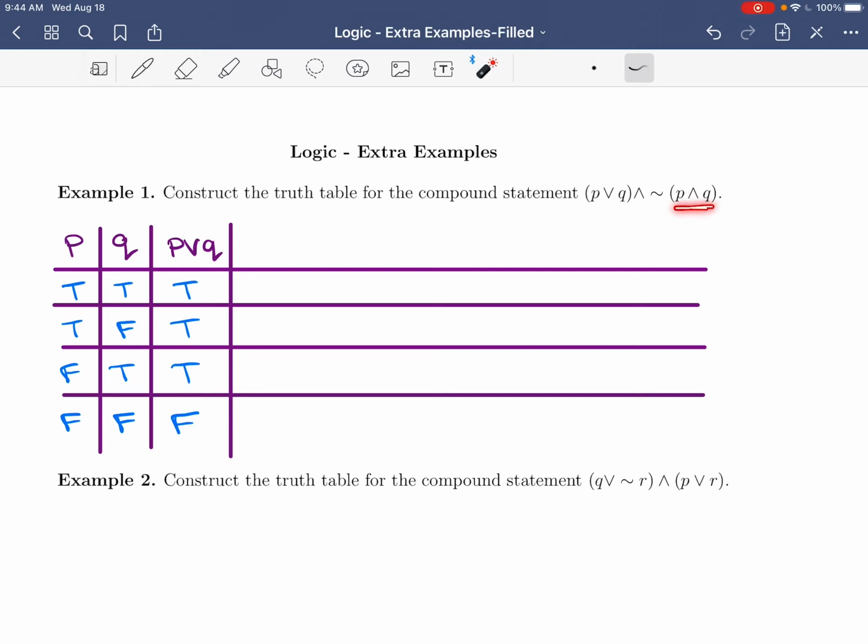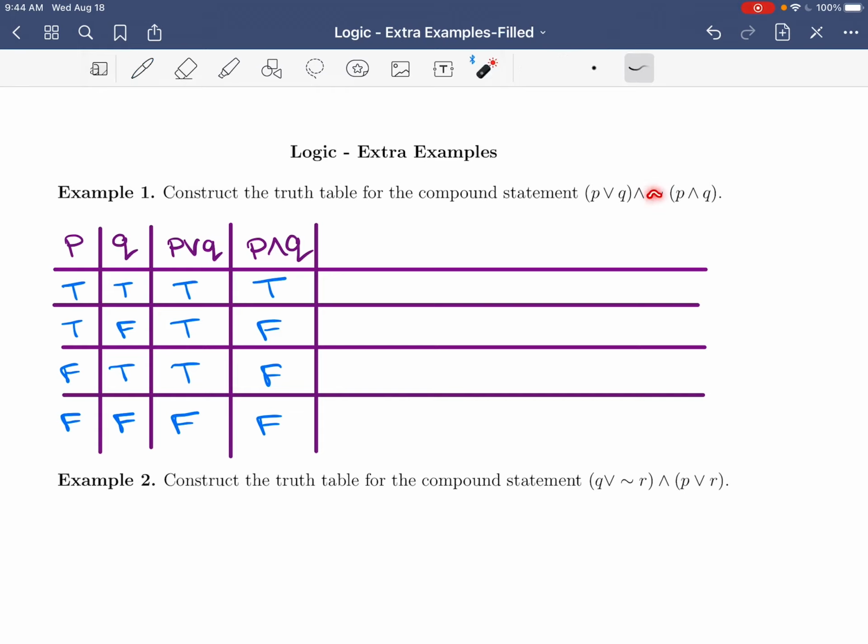Now I also need P and Q, so I'm going to do that one next. P and Q is true only when both P and Q are true. So that's the first row, and everywhere else, at least one of them is false, so the AND is going to be false.